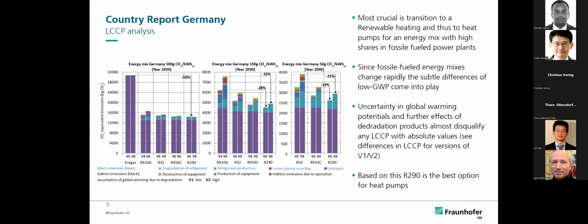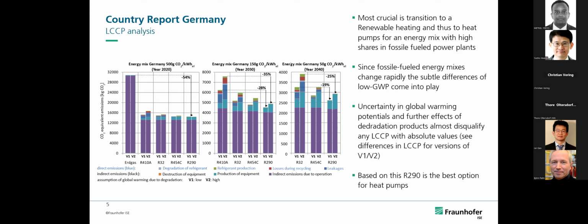As you can see, the more renewable energy is part of the energy mix, the more this change will give a difference. That means the indirect emissions are decreasing, of course, because of the electrical energy, and the direct emissions or the emissions from production come more into play.